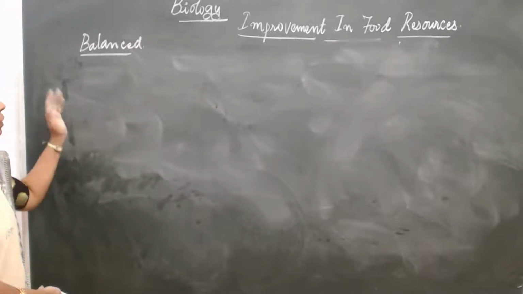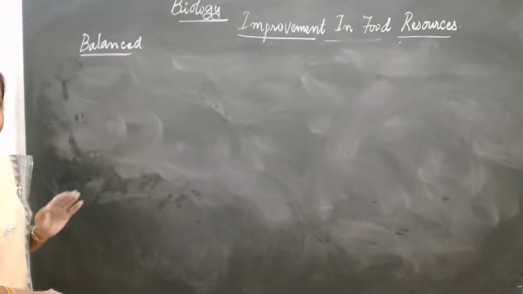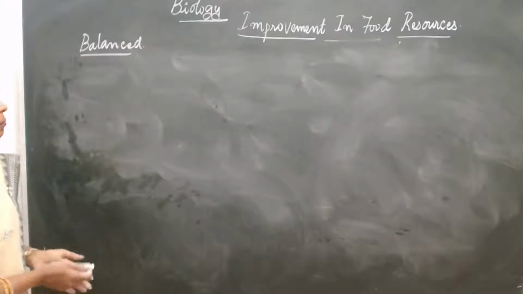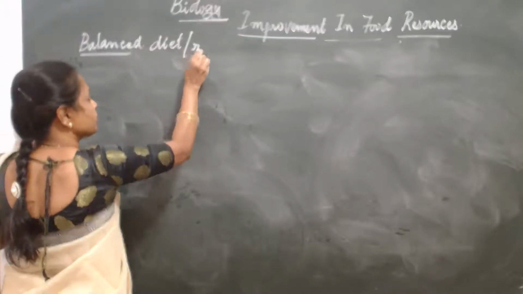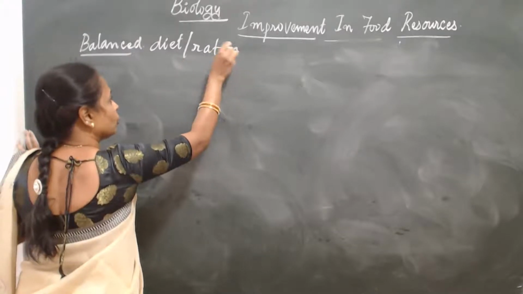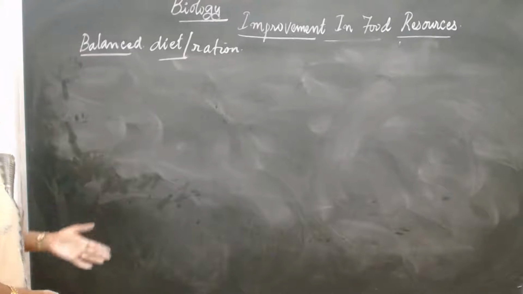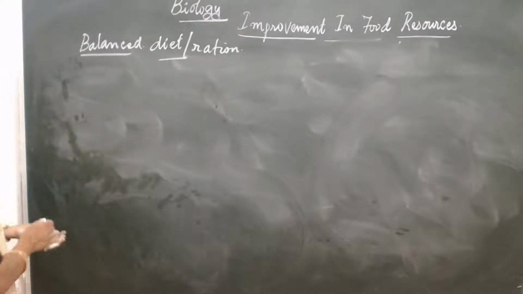This food variation leads to less immunity, or the condition in which the organism may fall ill. Same way, a balanced diet or balanced ration is very important for the proper condition of the animals. It can be the milching animals or it can be the draught animals also.